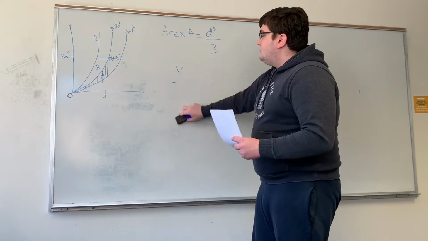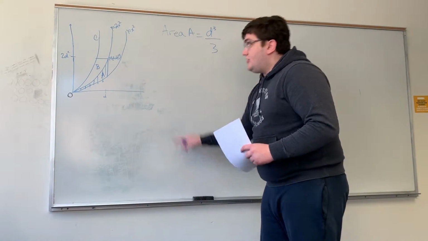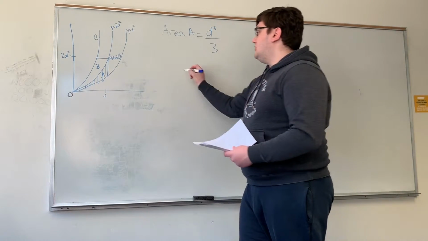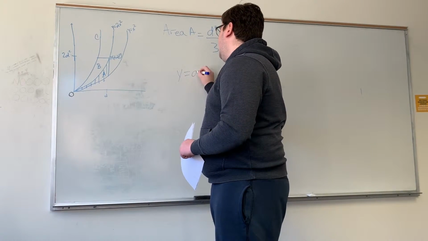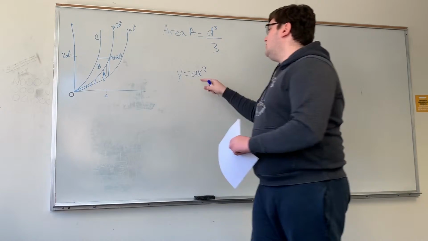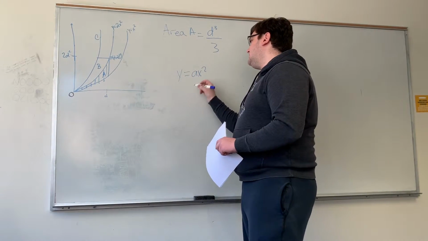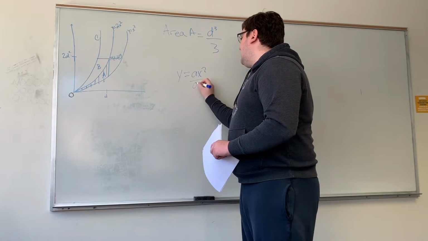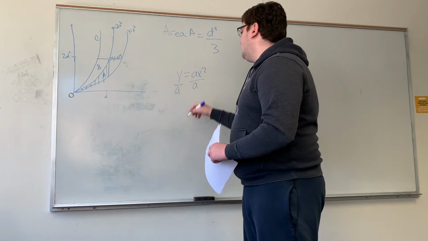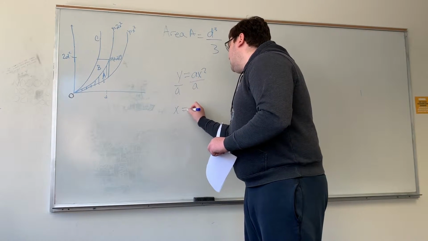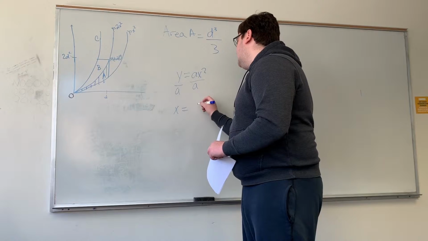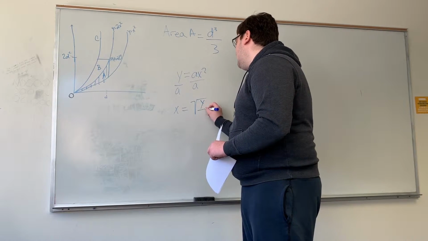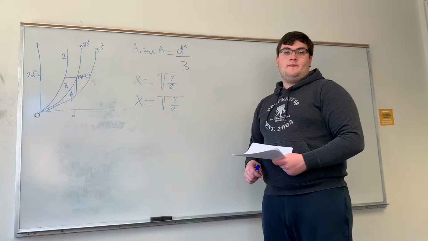Now, similarly, we're going to have to do that with curve C. So we know curve C was y equals ax squared. Same thing, we're just going to isolate x. We're going to divide by a, take the square root. So curve C now is x equals the square root of y over a.